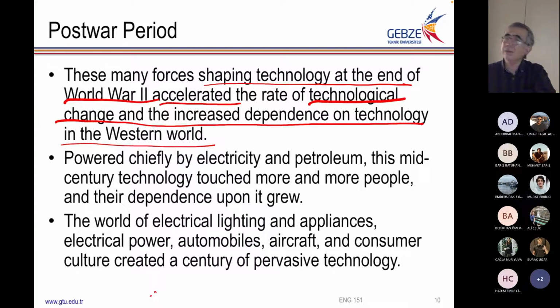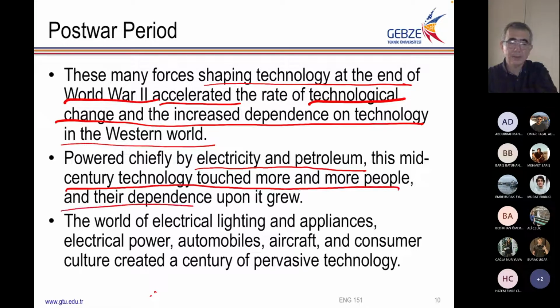But later, after the Second World War, life depended on technology, such as management of trains, or power generation, mainly by electricity and petroleum. This mid-century technology touched more and more people, and their dependence on those technologies increased.